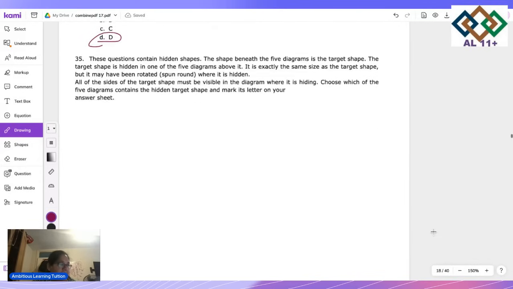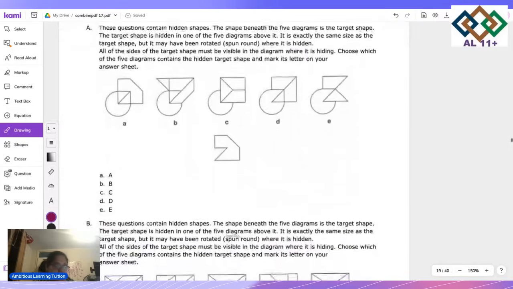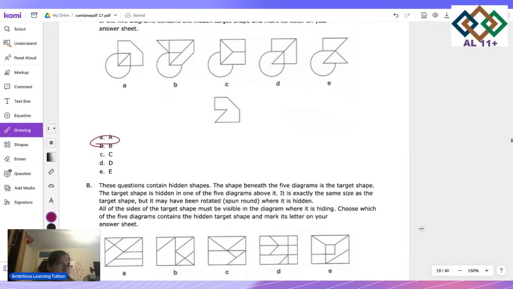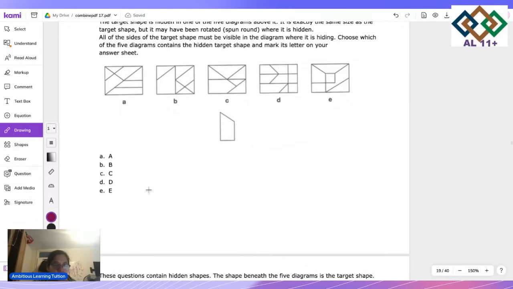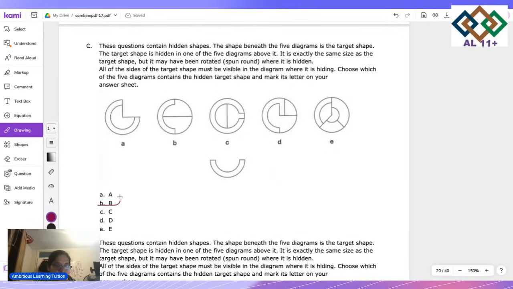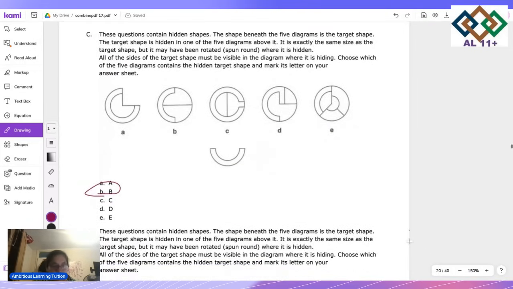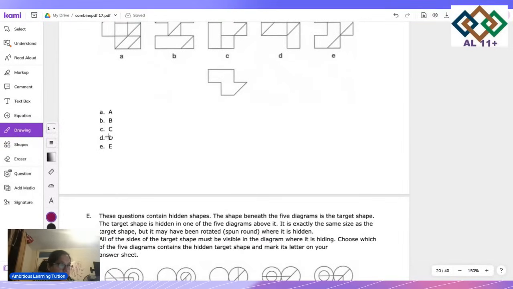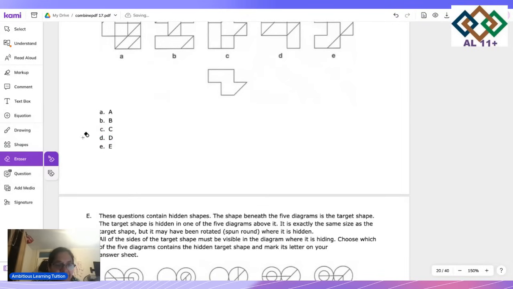And then you have these ones. Oh, my C looks so bad.